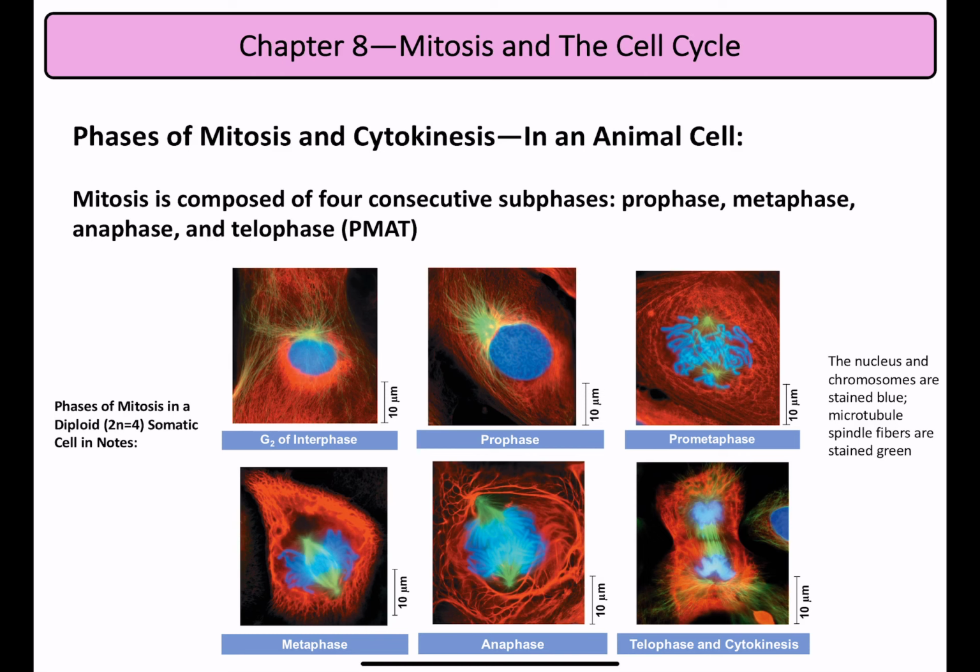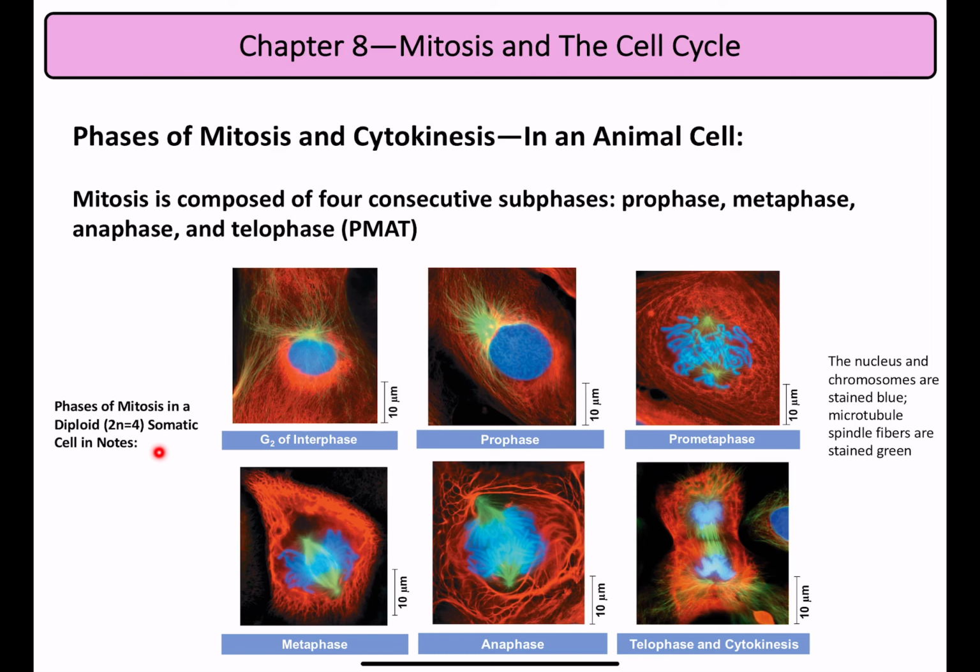Now lastly, I want to give you my drawing of mitosis, so the majority of the remainder of this lecture is going to be me taking you through the individual phases and drawing out the phases of mitosis. And for this drawing, we're going to make up a cell. And we're going to say that cell is a somatic cell that is diploid.